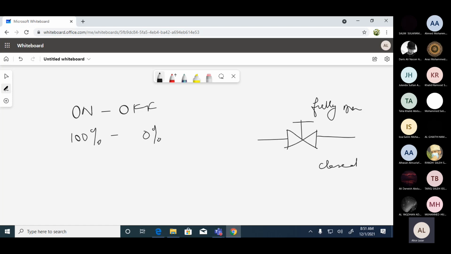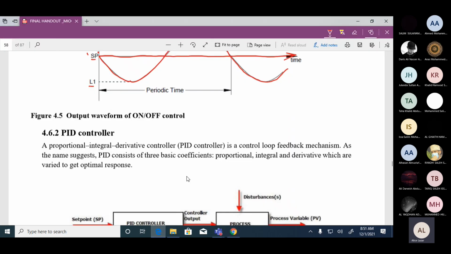That is the reason why we are now going to study another important control scheme. This is the control scheme that you will also be seeing used in the industries. That is called the PID controller. P stands for proportional, I stands for integral, D stands for derivative.